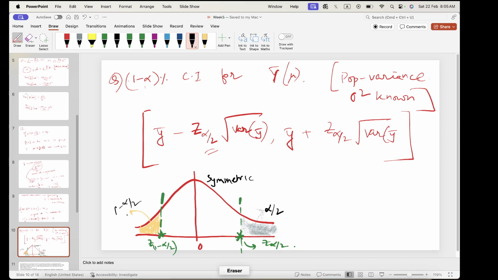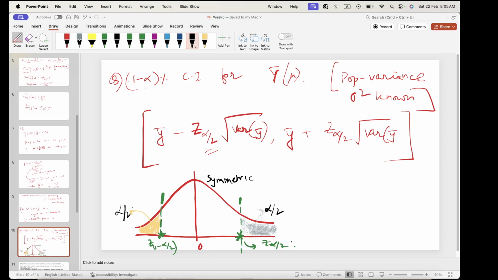Oh, sorry, this area is actually alpha by 2, because any alpha point is that point on the distribution such that, if I call it an upper alpha point, then that is the point above which the area is whatever I am reporting here.